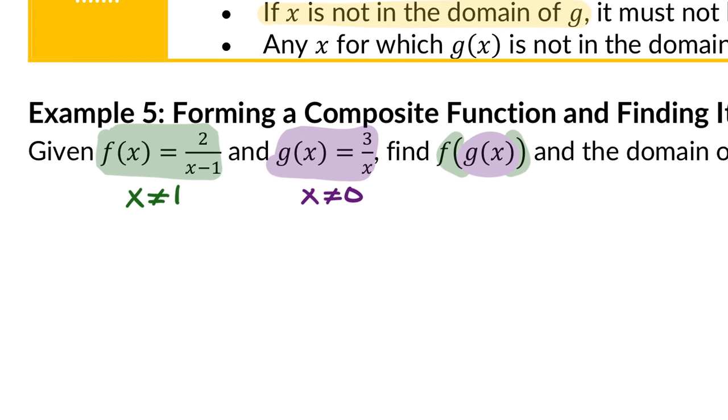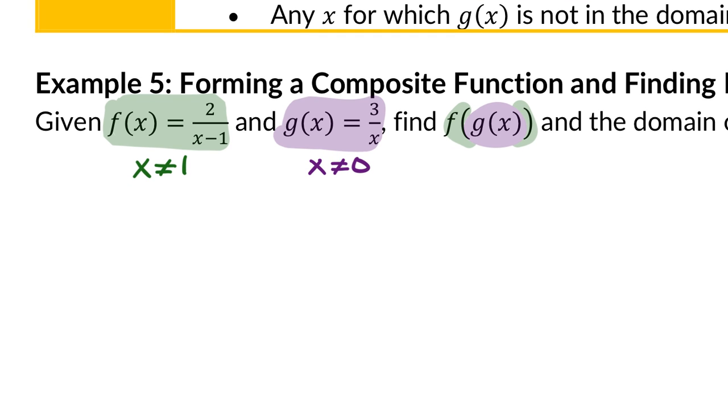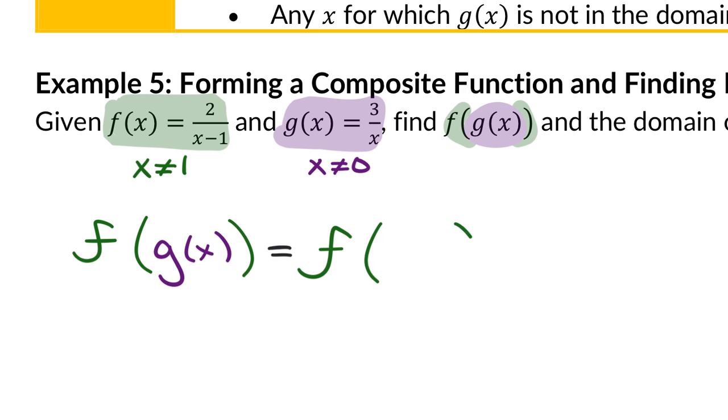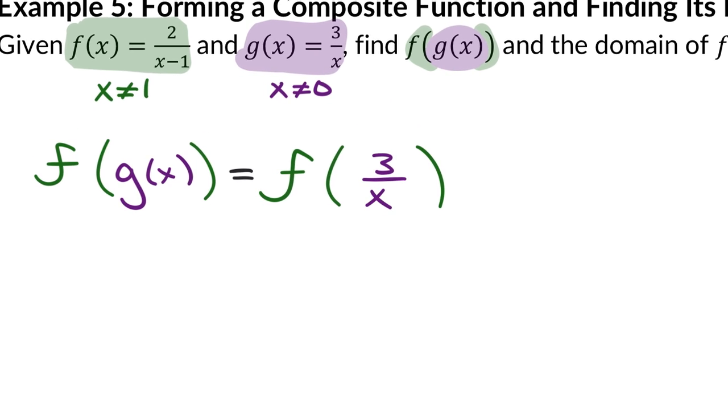So let's compose these. If we're doing f of g of x, that means take the f function and put the g one inside of it. Anywhere there was an x in the f function, you put that whole purple thing. So here I go.